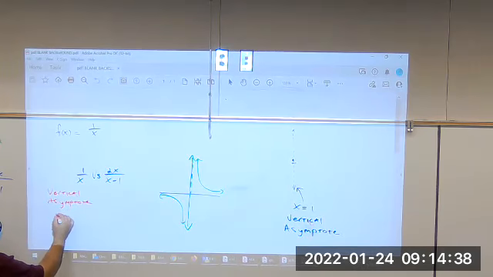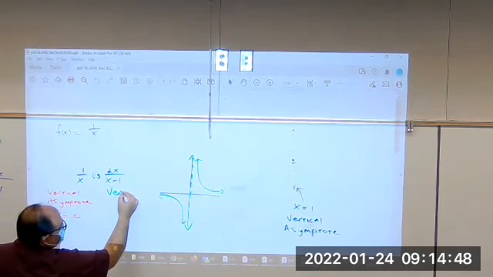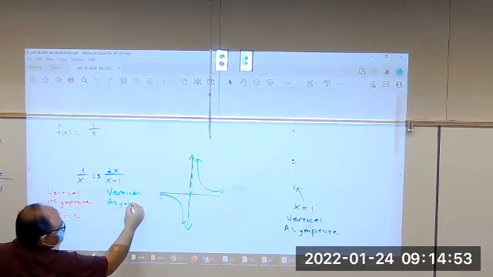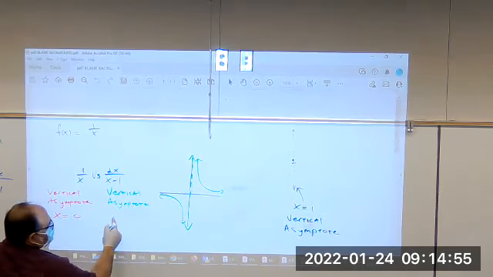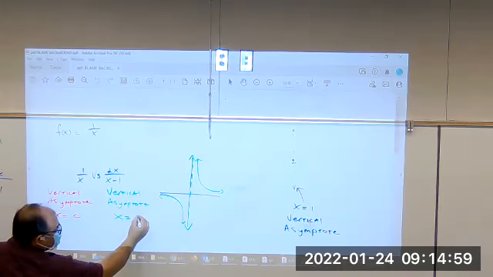So this is that x equals 0. You can't plug in 0. Now this guy over here, asymptote. Okay. You can't plug in 1, that's x equals 1.